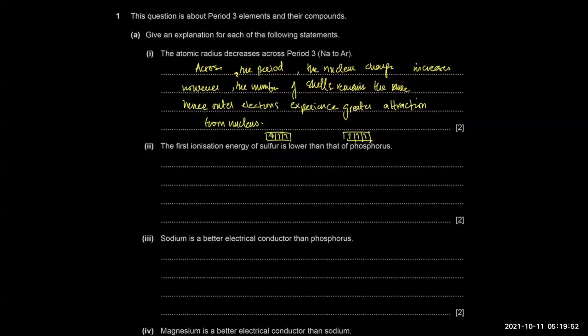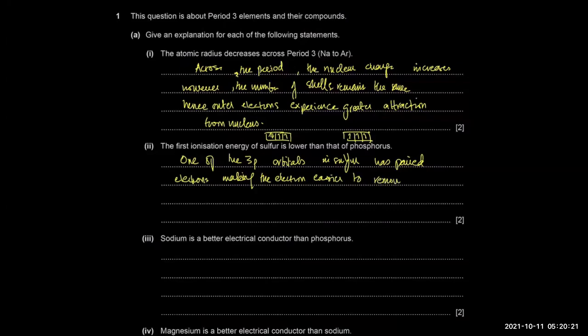So we can say that one of the 3p orbitals in sulfur has paired electrons, making the electron easier to remove.